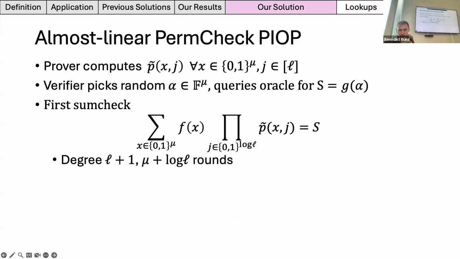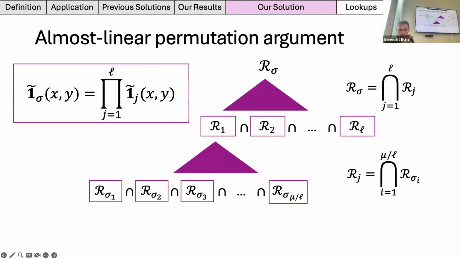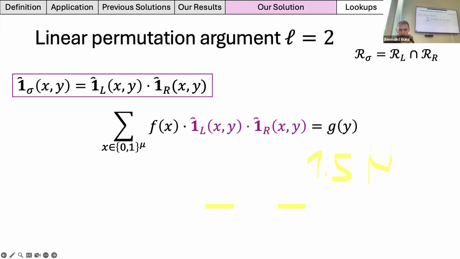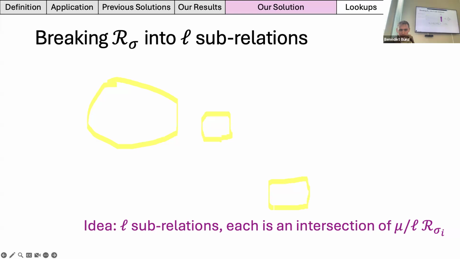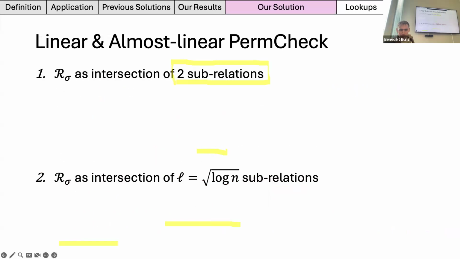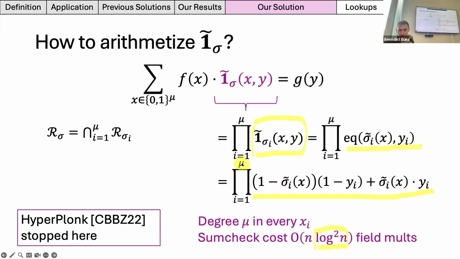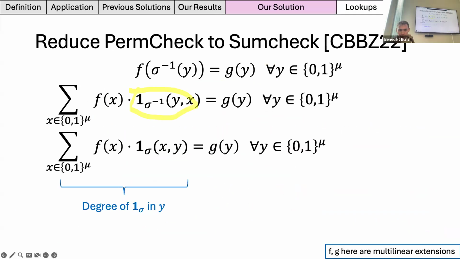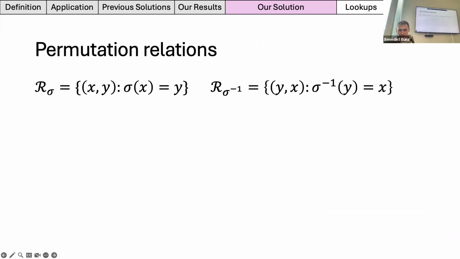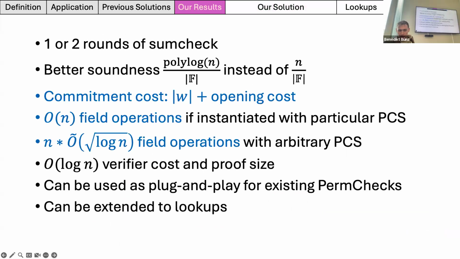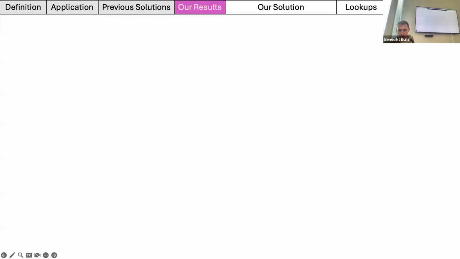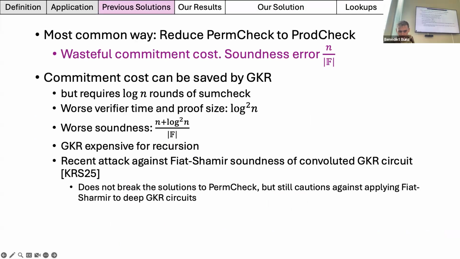I skipped over this relatively quickly, but with the sparse PCS, we can achieve O of n, and also if I apply GKR to essentially the first thing, then I do actually get O of n prover time.